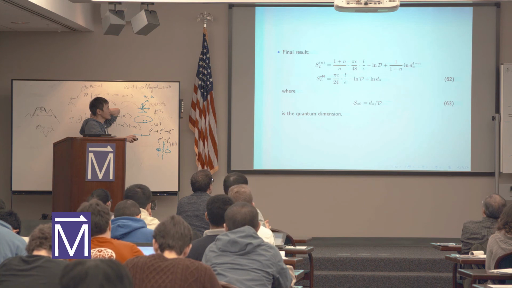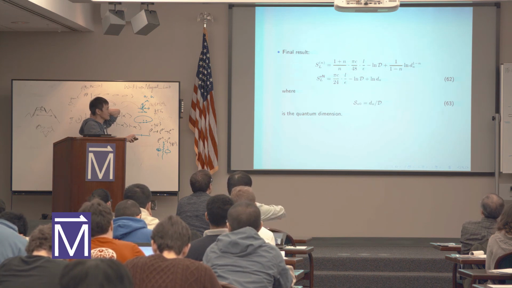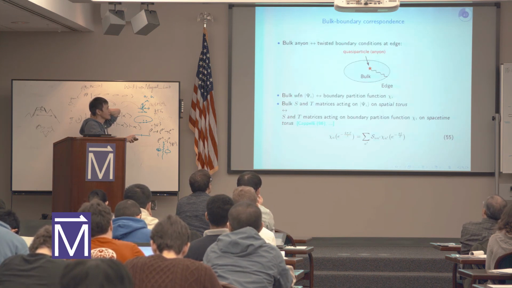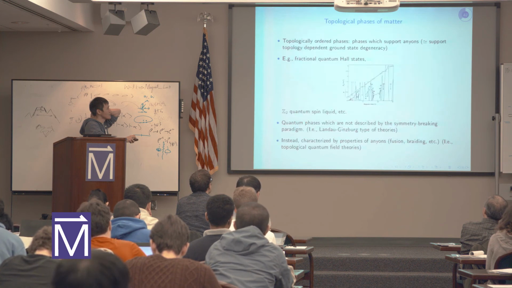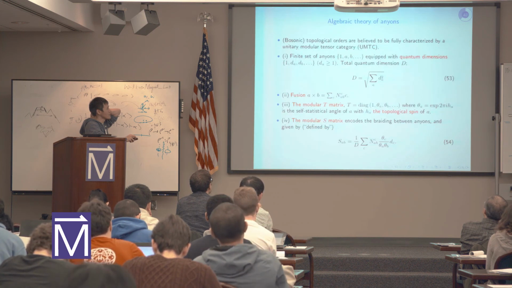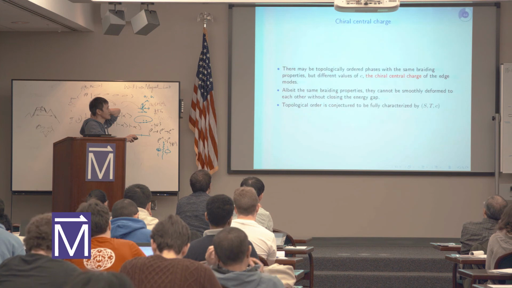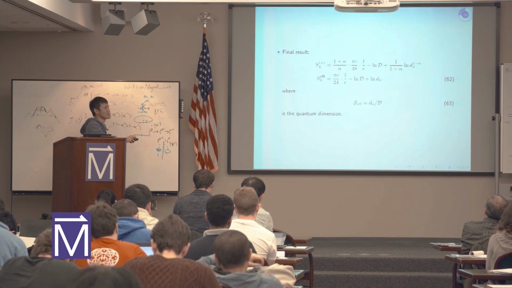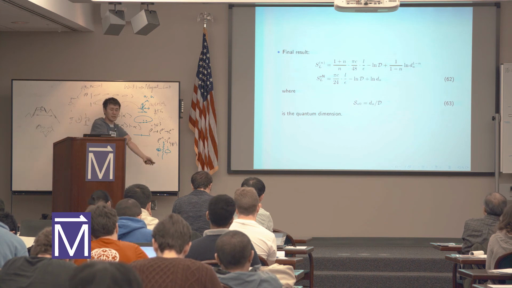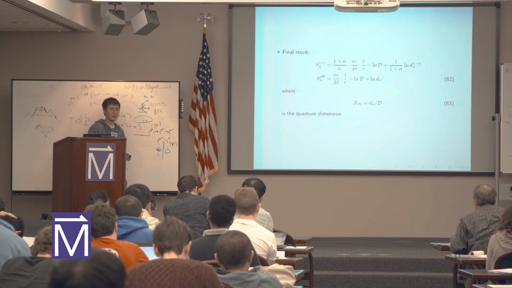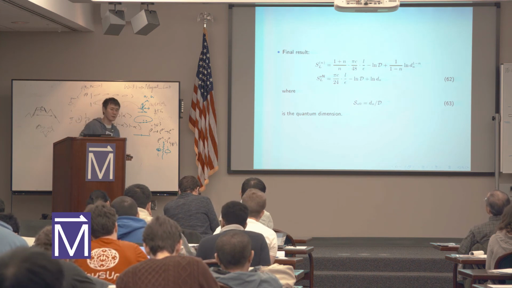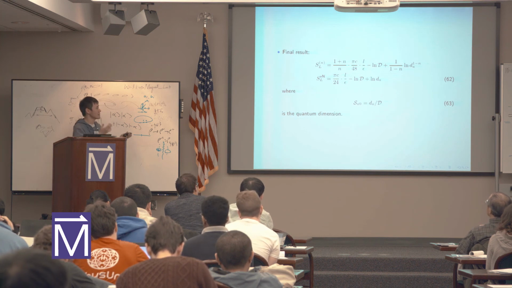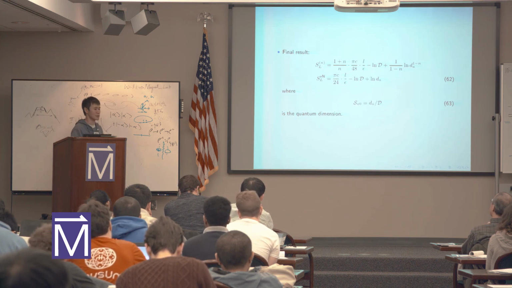And D is the total quantum dimension, which was listed at the very beginning of the discussion of the topological liquid. So this is the so-called topological entanglement entropy. By topological entanglement entropy, we don't get all the data of the topological liquid, but at least we get the most dominant information characterizing it.